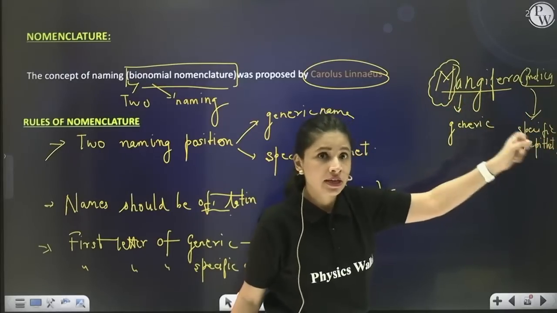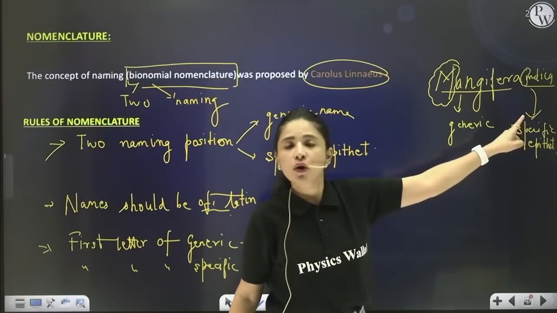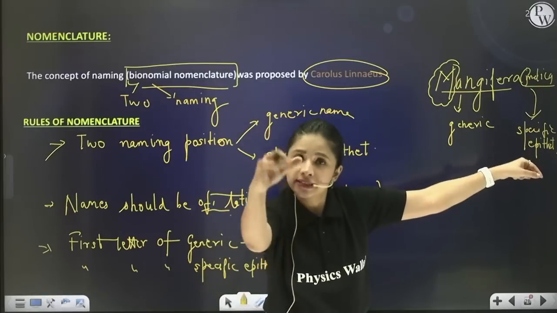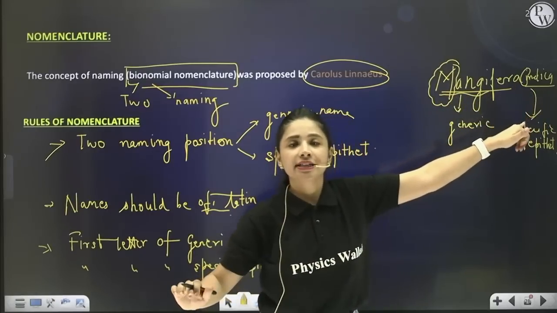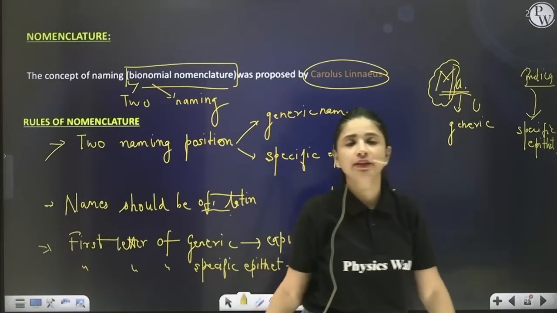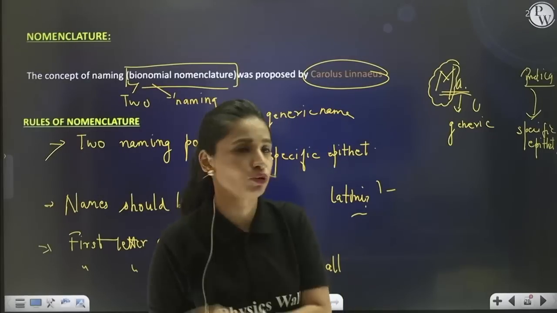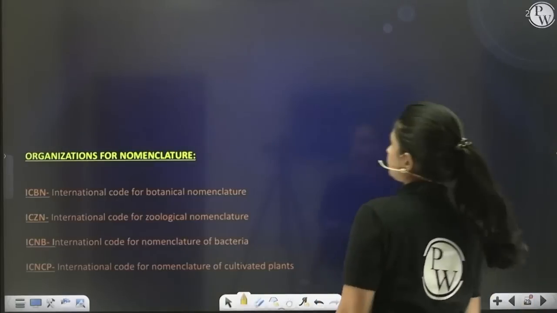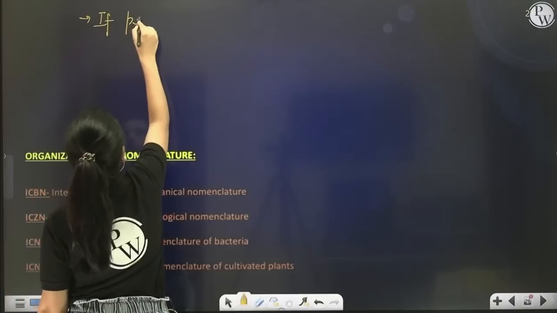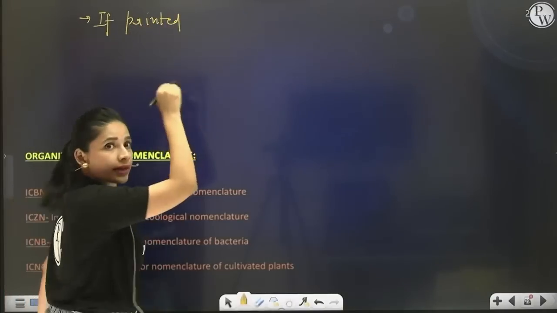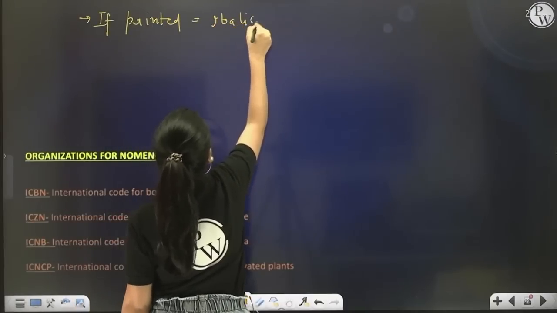This is very, very important. My dear students, if you do not separately underline them, you are not going to get marks. You may write the correct name, but if I don't underline this, my teacher is going to give me a big 0. So underlining is very important, and this becomes the next rule. So write it. The next rule says if the names are printed, then they will be in italics.